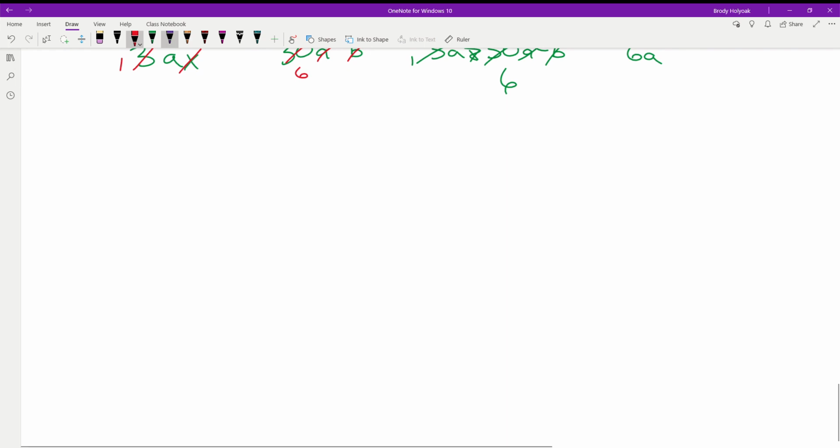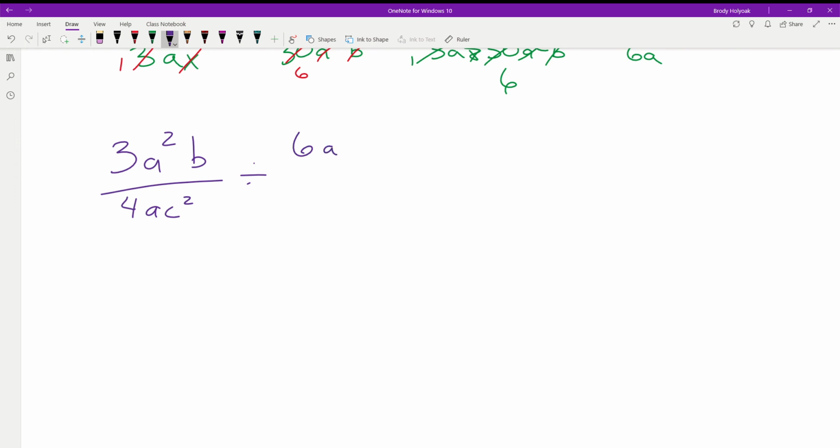Okay, division of fractions. So we have a fraction divided by another fraction.